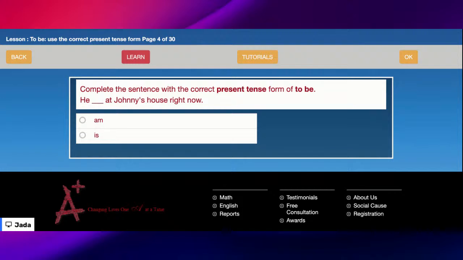What's the right answer? Okay, good. He is at Johnny's house right now.